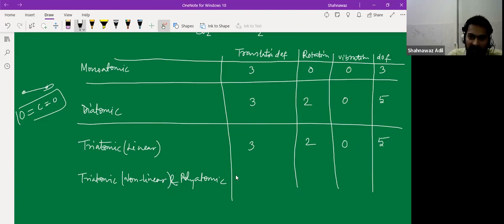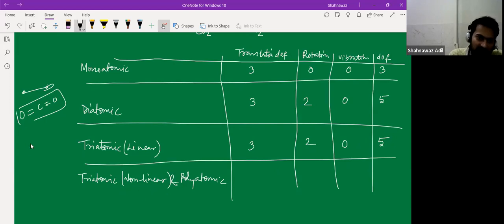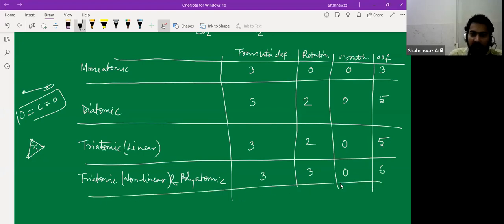And then you have the triatomic which is non-linear, let's say this kind of atom. In this case, you have 3 rotations, and vibration is 0. So this is 6 degrees of freedom, right? So these are all at low temperature.